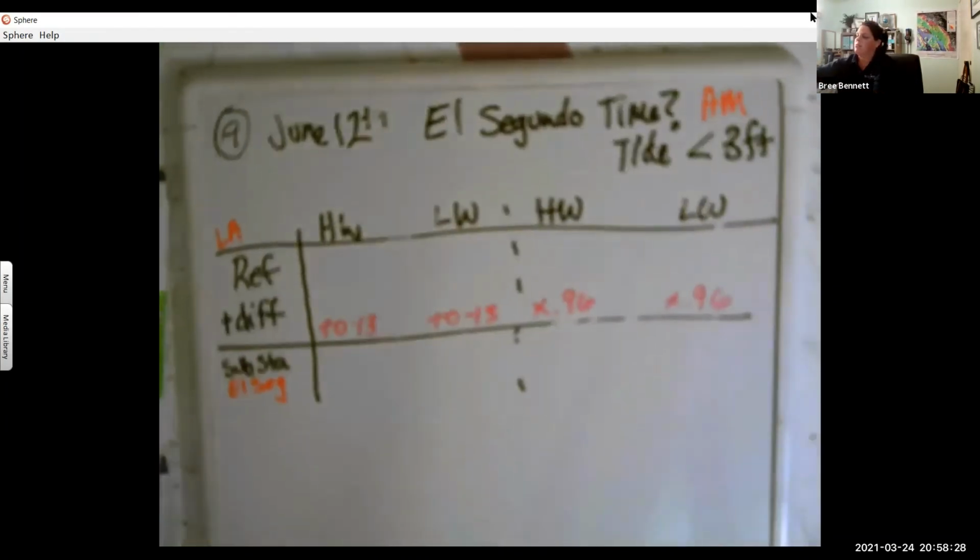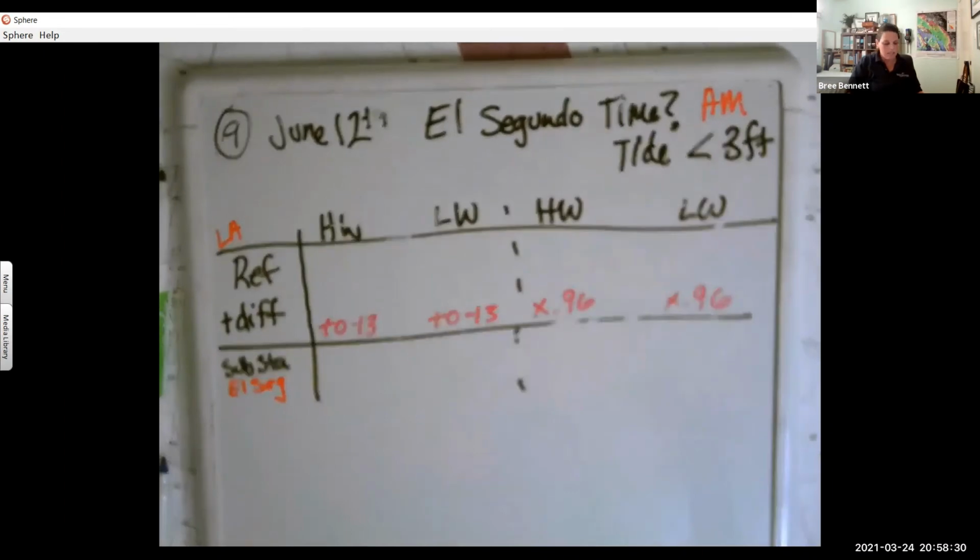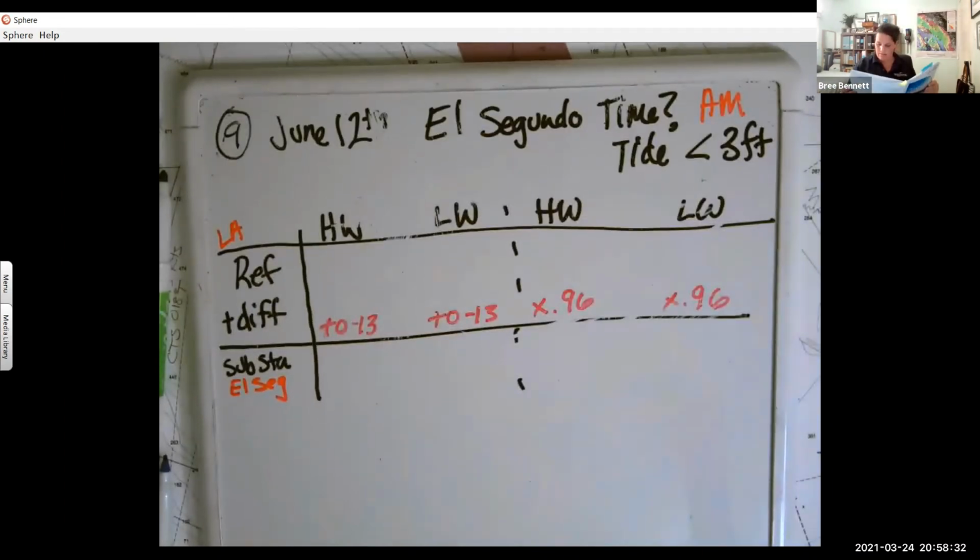My answer key seems to be incredibly off already. Am I doing this right? This makes sense though. I feel like I'm still doing it right. June 12th. That's what the question said, right?